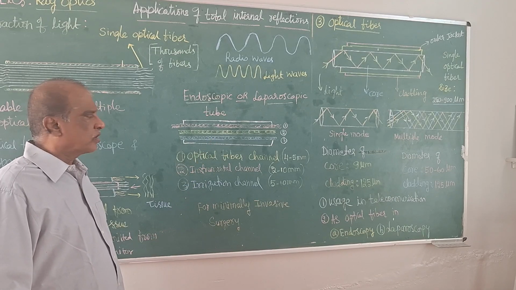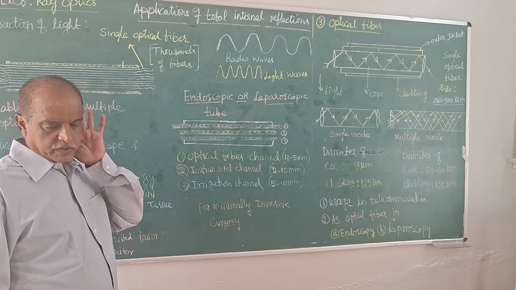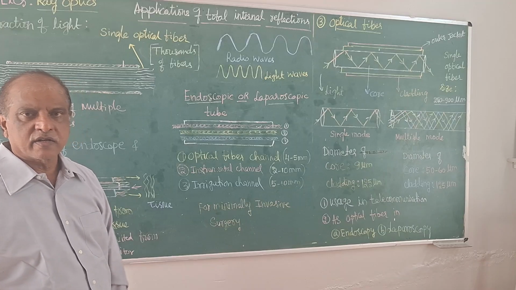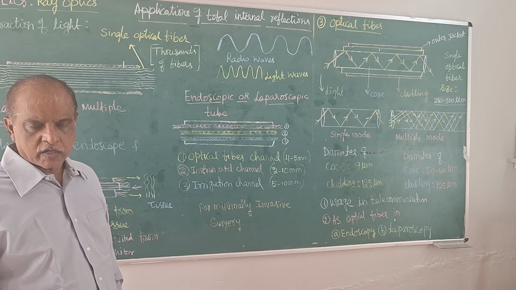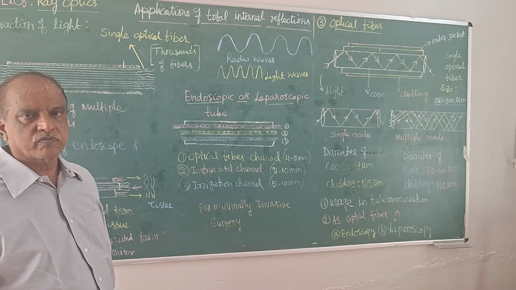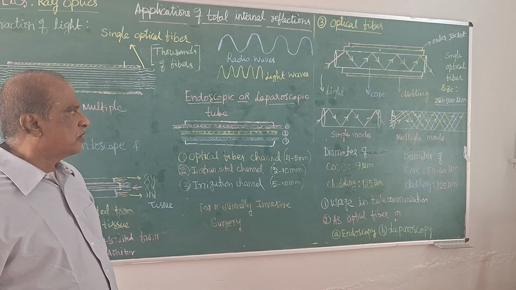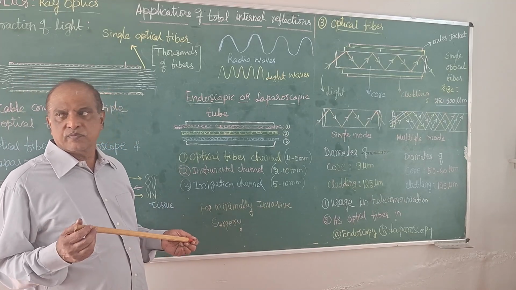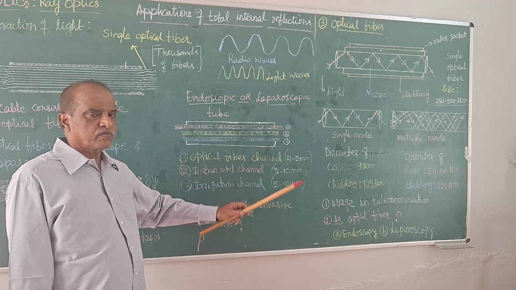And in this case, when this tube is inserted, there is no light inside. Inside it is dark. Without light, no visibility is possible. First of all, you have to send light to the site of surgery, at this end.